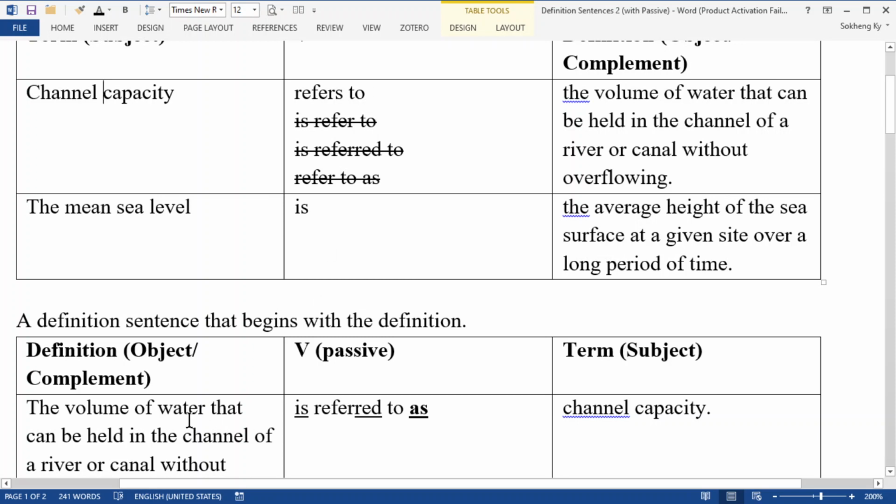If the definition comes first, use is referred to as. Remember only the two. People don't remember these two. They just write the second, the third, and the fourth randomly.